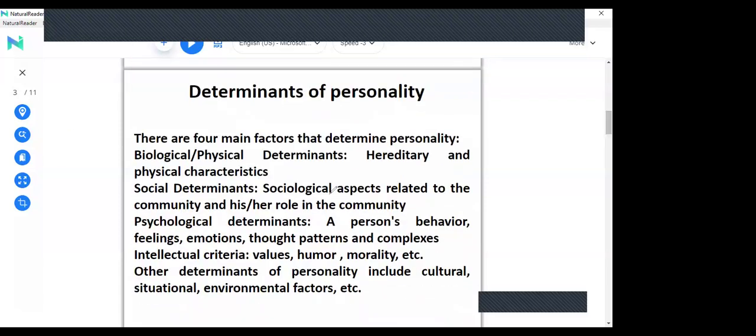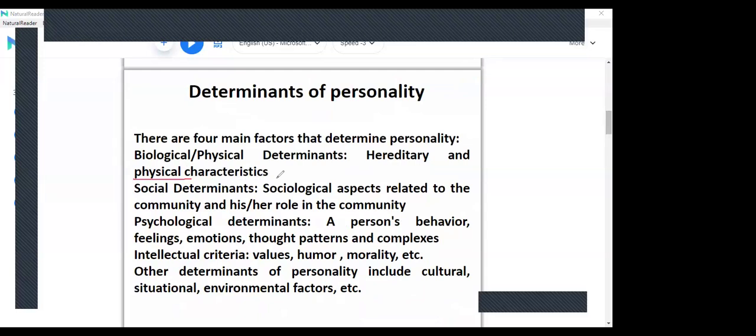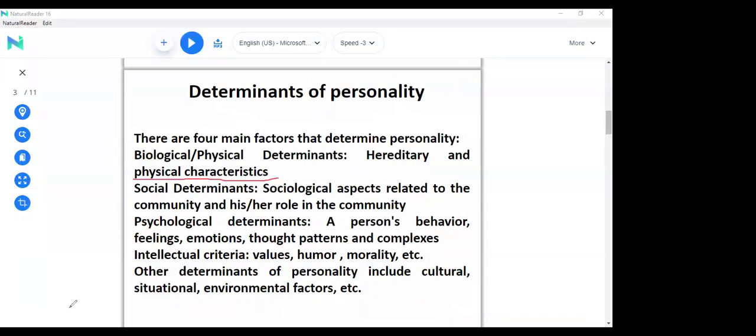But keep it in your mind that the biological one means physical characteristics. Social determinants are the sociological aspects related to the community, his or her role in the community. We can discuss this deeply later.